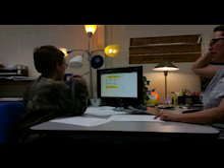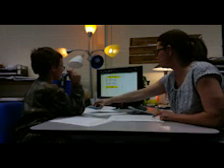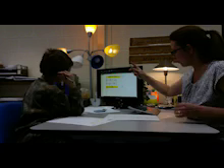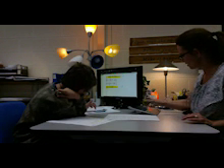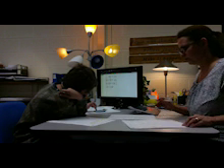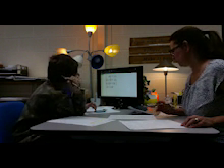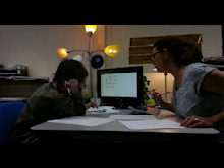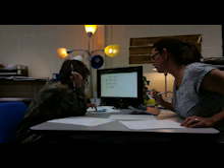Now, I would like for you to use your calculator and solve this problem right here. So punch in 40 times 22. Try again. 40 times 22. 880.